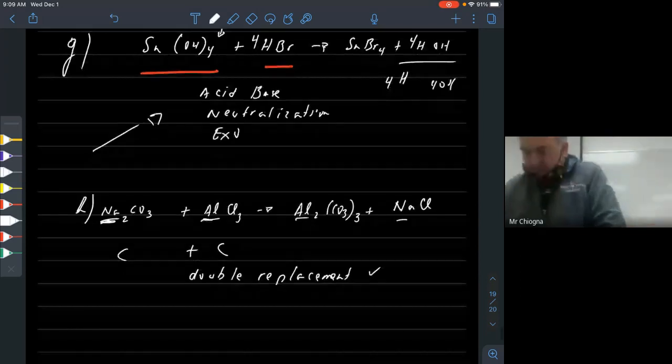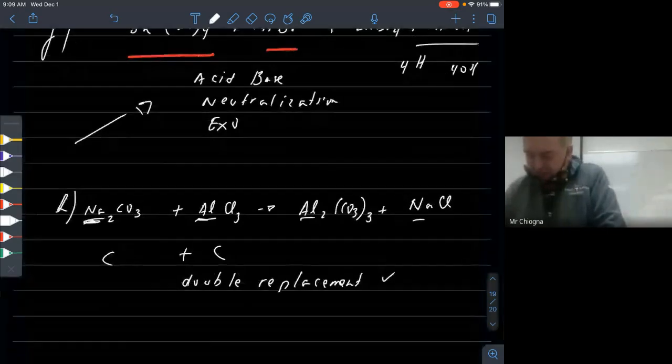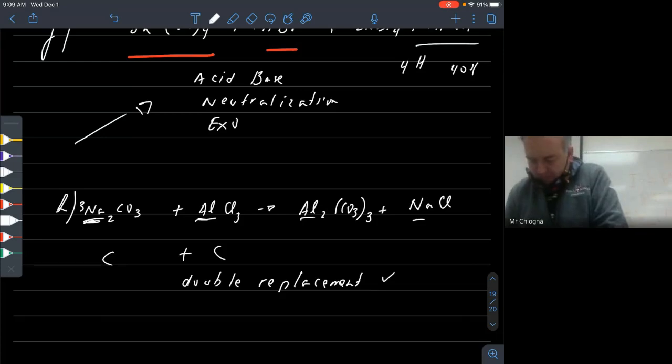Balancing, I'll do it quickly here. This is just a trick. Put a 3 there, see if that works. Put a 2 there, see if that works. Put a 2 there. Put a 3.